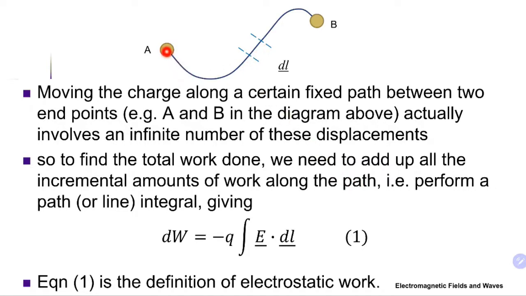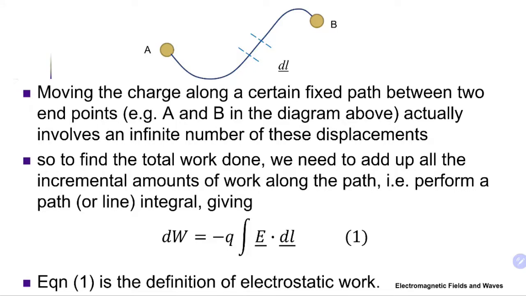So if I want to move my charge from A to B, if I move along this path, then I have to work out the electric field in this region dotted with the displacement, and then sum it all up along this path.